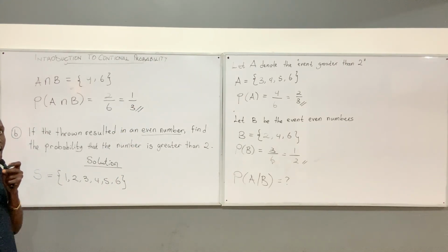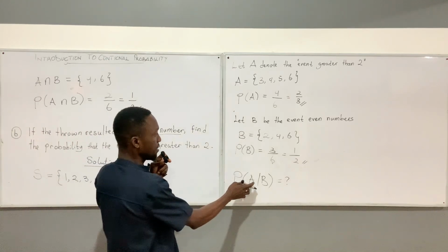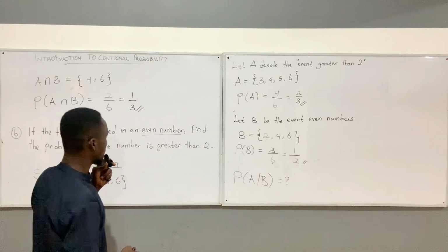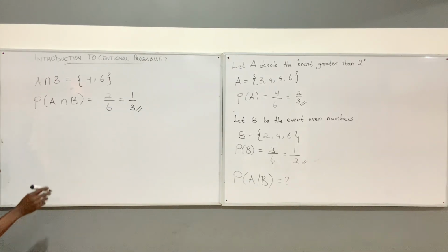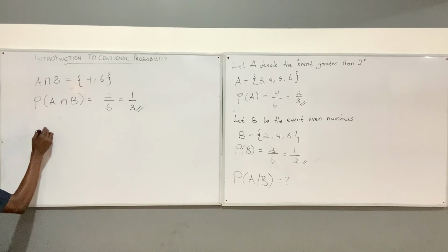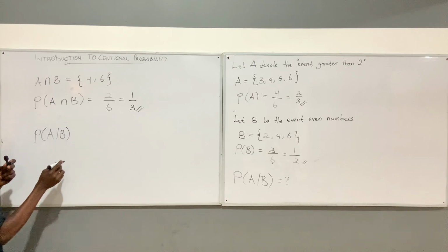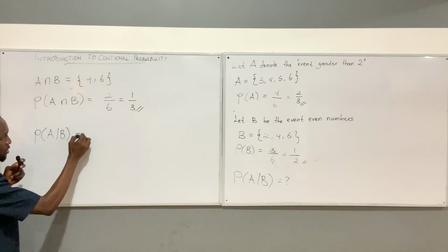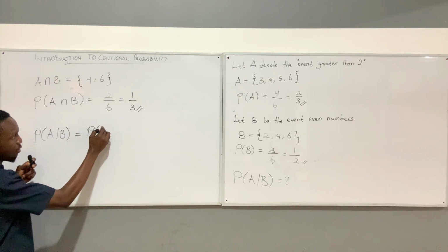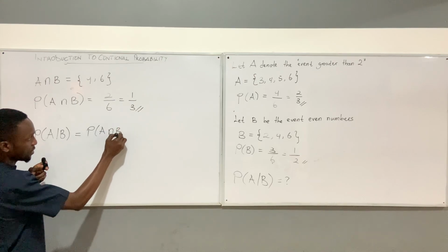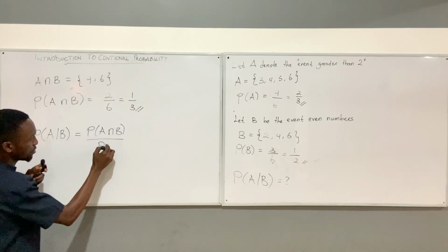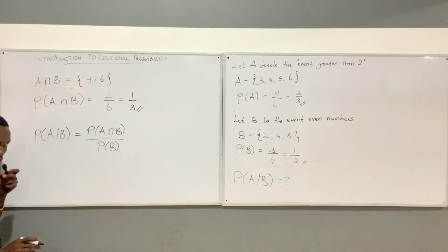Now, we can find the probability of A as B has already occurred. In our final calculation, the conditional probability P of A given B is going to give us P of A intersection B divided by the probability of B. Do you understand?